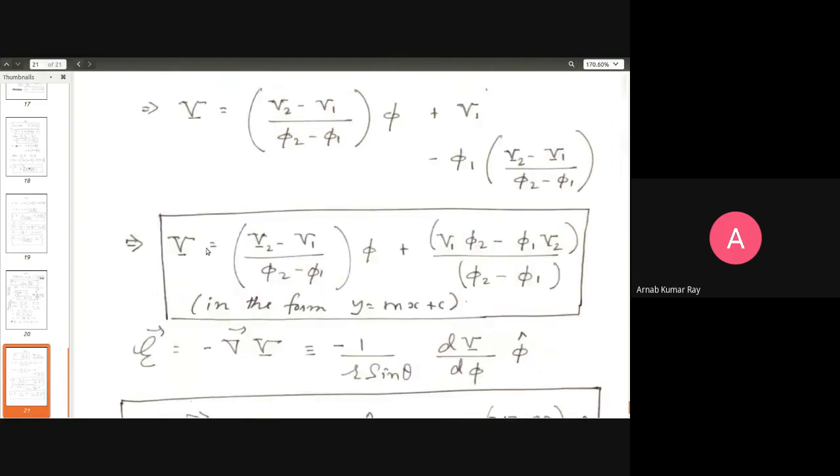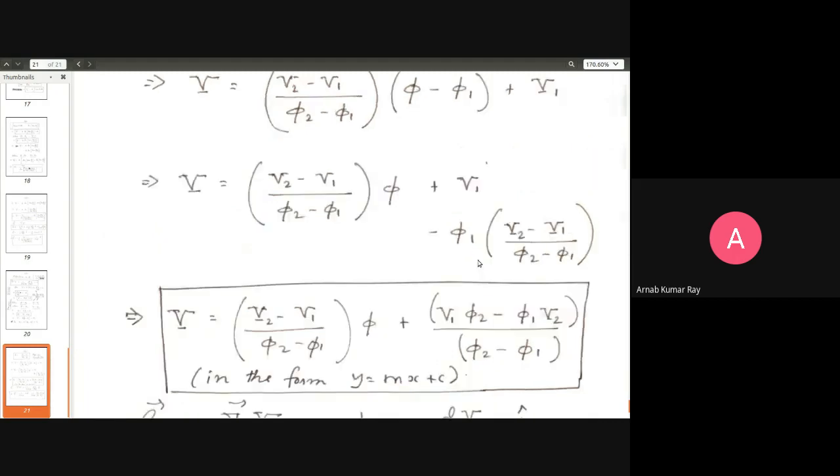The final answer is V is equal to V2 minus V1 by phi 2 minus phi 1 into phi, plus the constant. The part V2 minus V1 by phi 2 minus phi 1 is the slope of a straight line. This is in the form of y is equal to mx plus c, and then this is the constant part. So that is the integral solution that you have got.